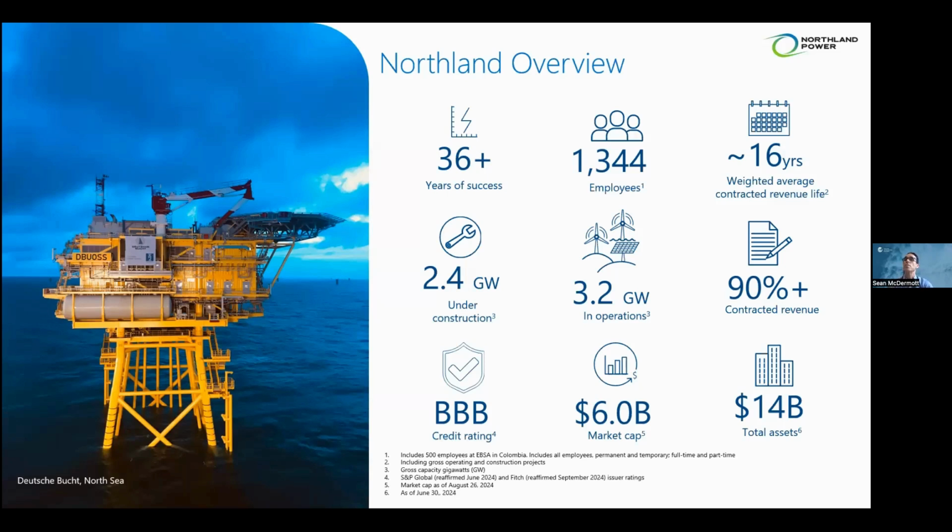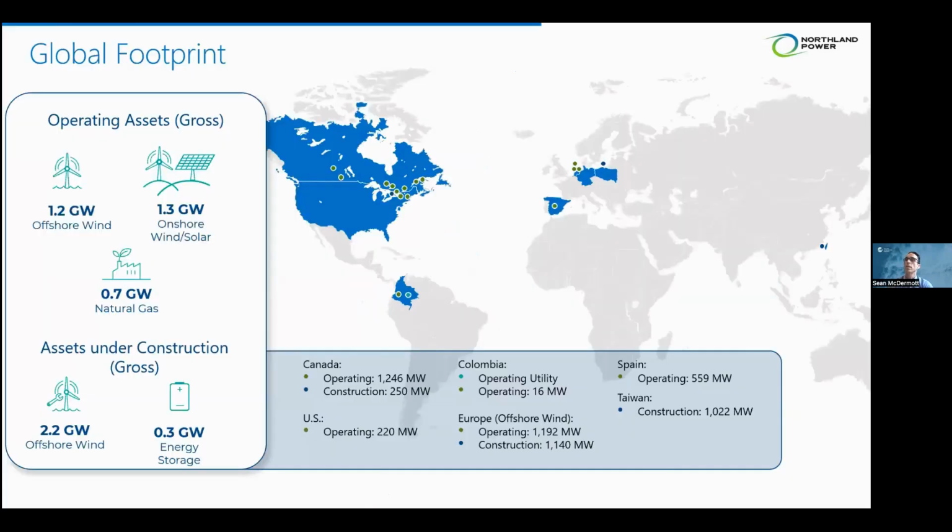So I'll be speaking today from the perspective of offshore wind, but actually our expertise is quite a bit larger than that. Notably, about half of our revenue right now comes from offshore wind, all of which comes from outside of Canada. So we are a Canada-based company, but with a global footprint, and particularly in an offshore wind footprint.